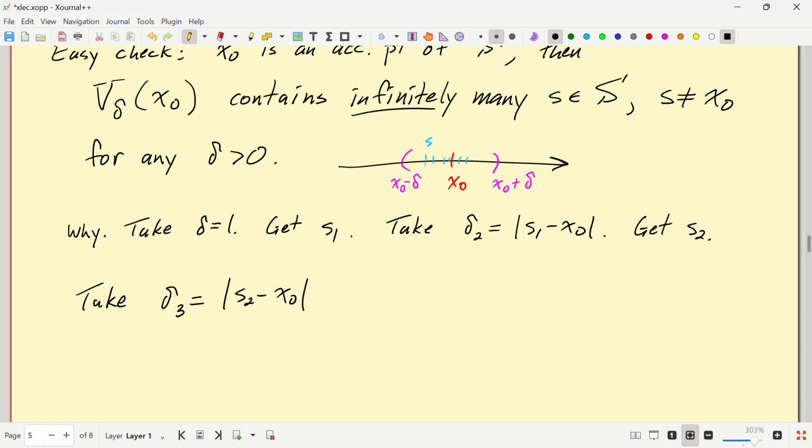So it's smaller than all of them. That's a decreasing sequence, etc. I get a sequence, in fact. I get infinitely many s_n's.